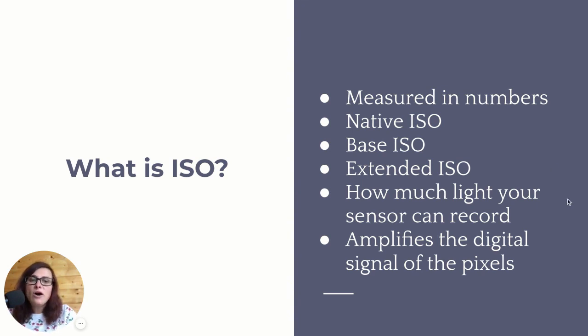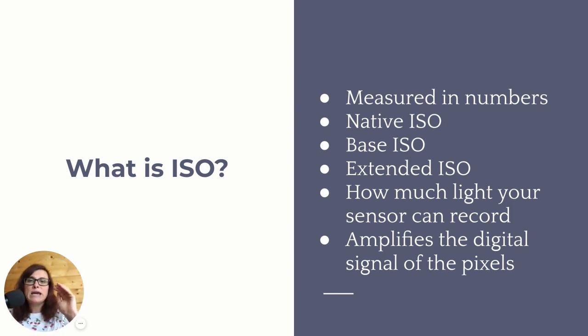However, it's not in an optical way that the pixel records this light. It's in a digital way, meaning the digital signal that the pixels send to the camera is amplified by the ISO value.